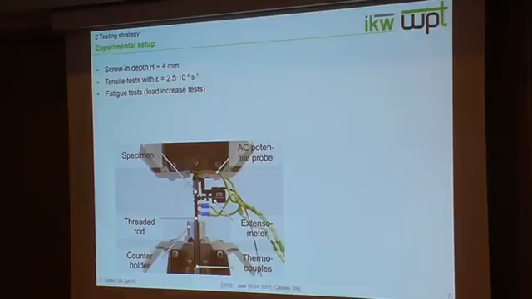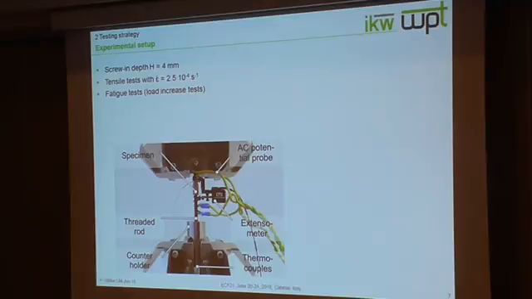Coming to the testing strategy, our experimental setup is given here. As you can see, we used a servo-hydraulic testing machine where the specimen is connected to a threaded rod with a counterholder, a steel counterholder and a steel threaded rod, to apply the mechanical stress.